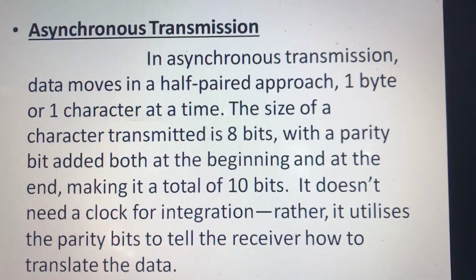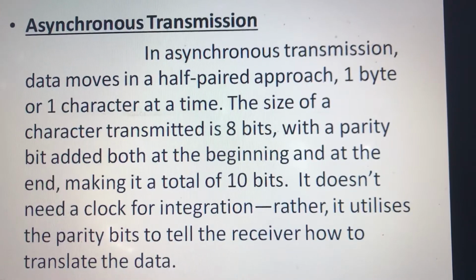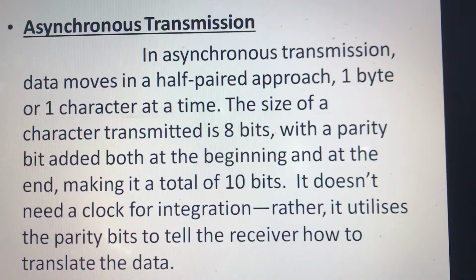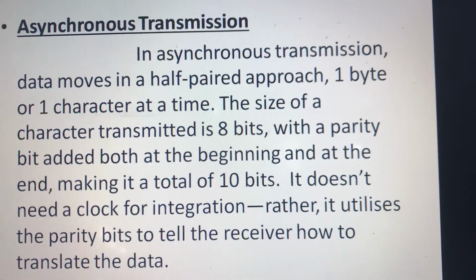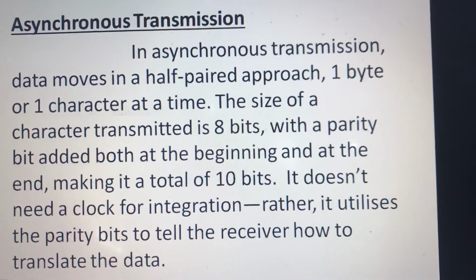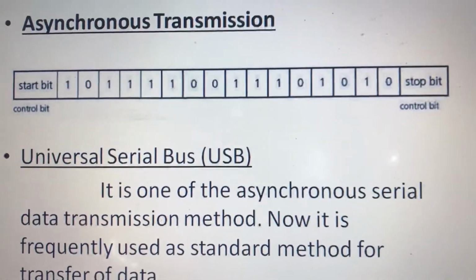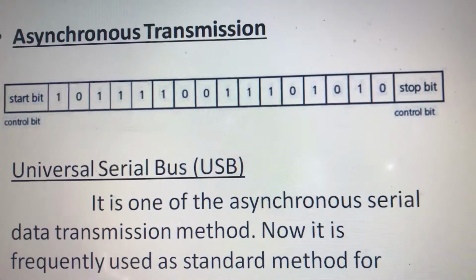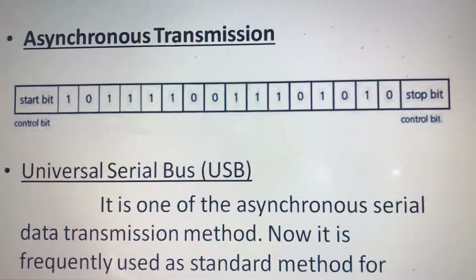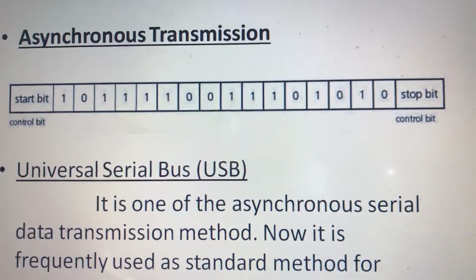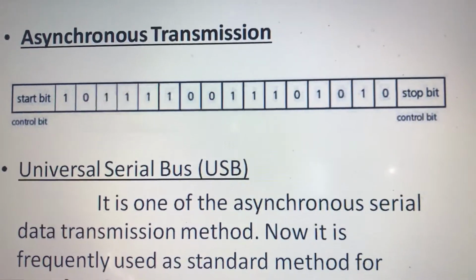Asynchronous data transmission. In asynchronous data transmission, data moves in a half-paired approach, one byte or a character at a time. Look at this. It consists of a start bit and a stop bit, which are also known as the control bits.